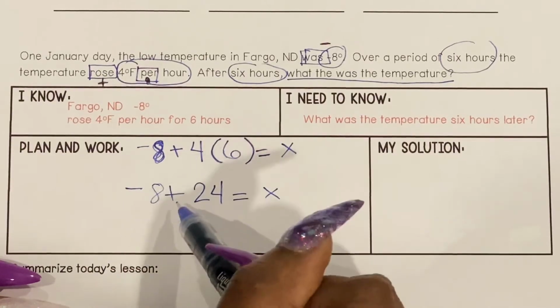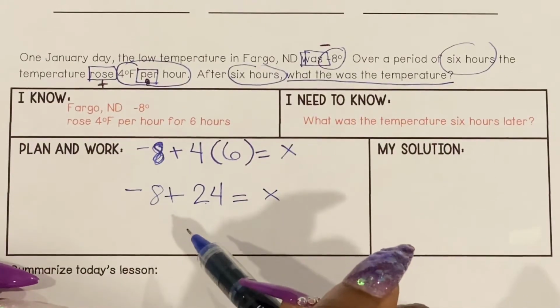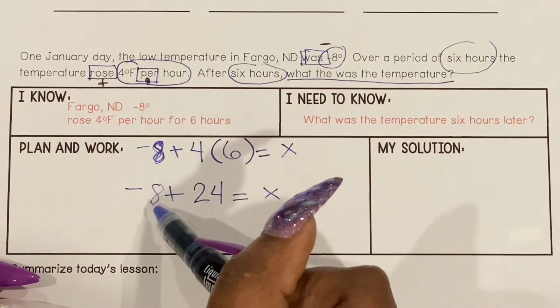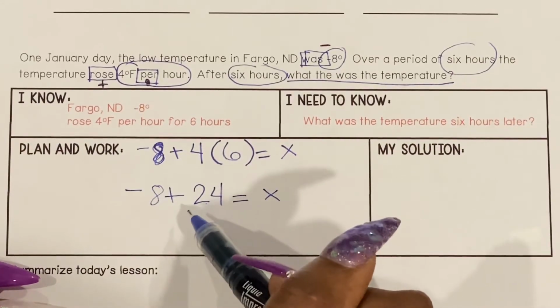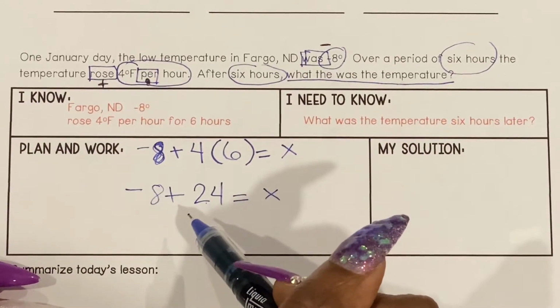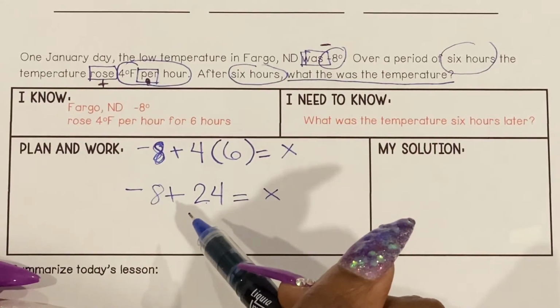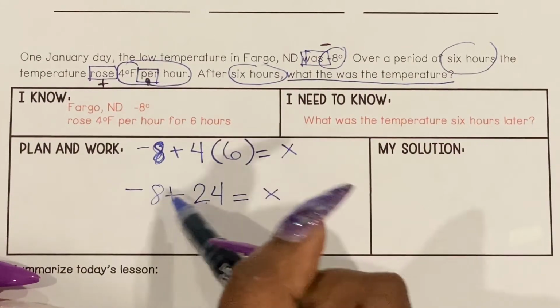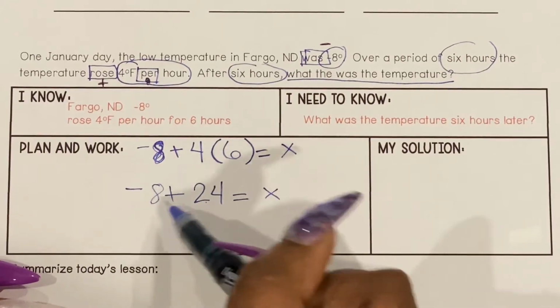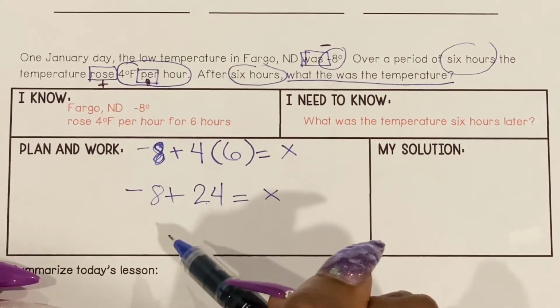Then I have a -8 plus a 24. I need to remember when I have different signs and I'm adding or subtracting, it's a different rule. Am I going to add these two numbers or am I going to take them apart?